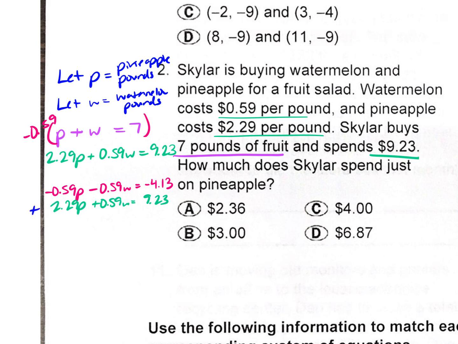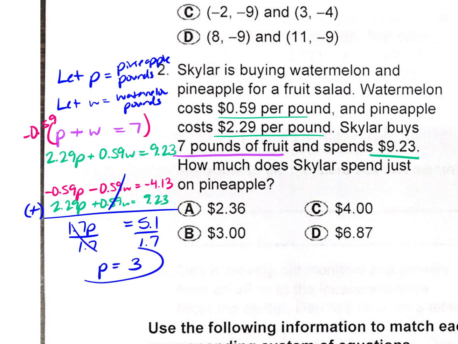So I'm going to add my equations together. The w's will eliminate, their opposites. And we get 1.7p equal 5.1. And then divide both sides by 1.7 to get that p is equal to 3.